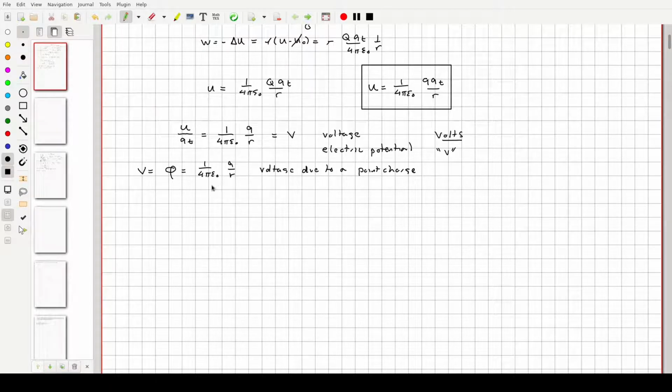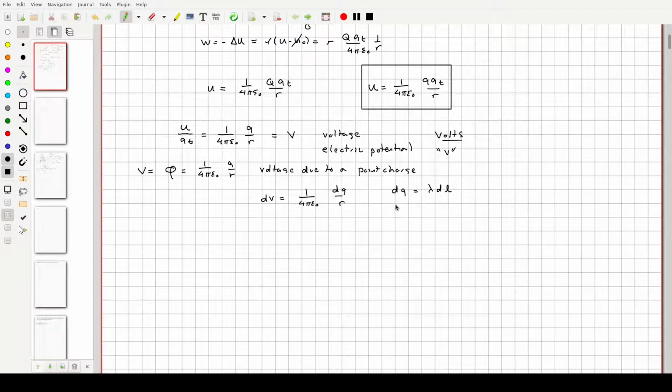And it turns out that we can use this when we take the step from talking about discrete individual charges to charge distributions by making the substitution of dV equals 1 over 4 pi epsilon naught dq over r, where if you're dealing with a line charge, that's lambda dl.